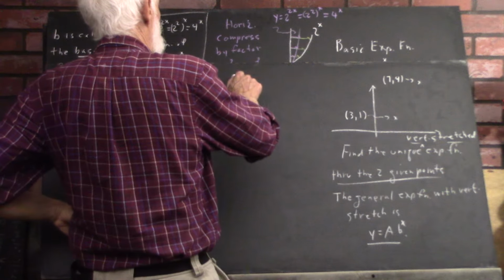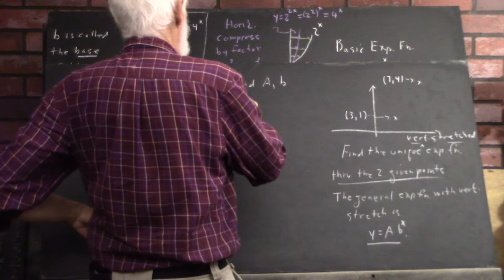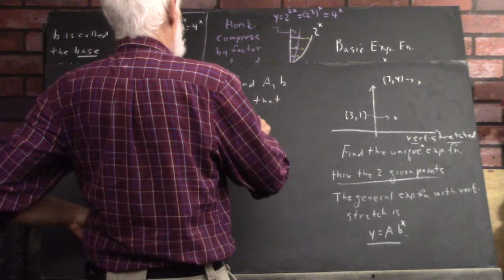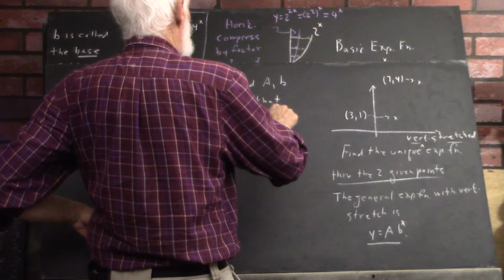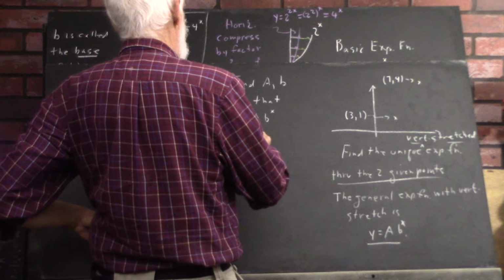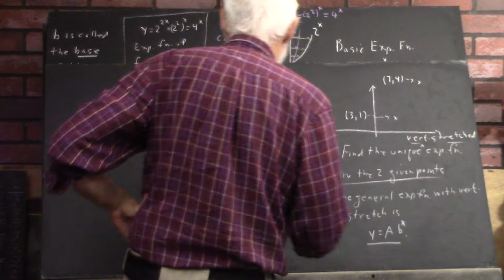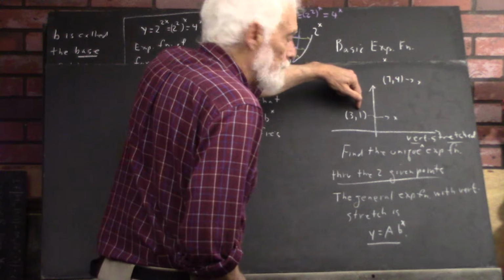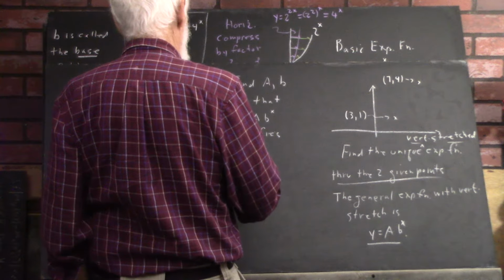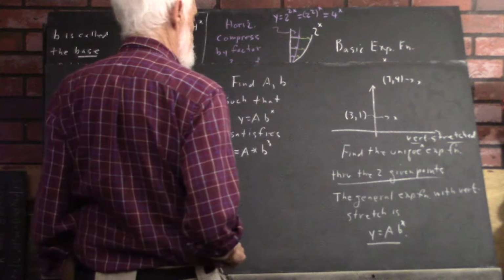So we want to find a and b such that y equals ab to the x satisfies the equations. Okay, y is supposed to be 1 when x equals 3. So 1 equals a times b to the third.